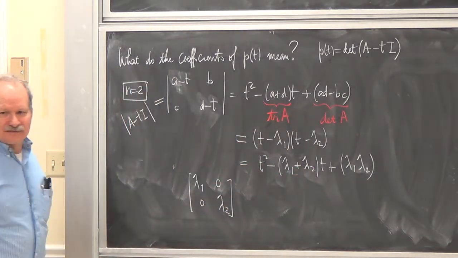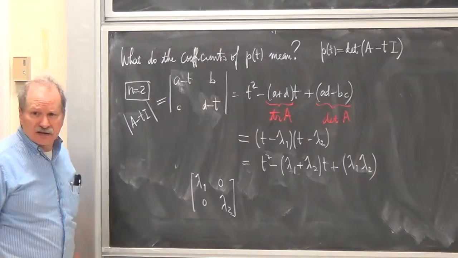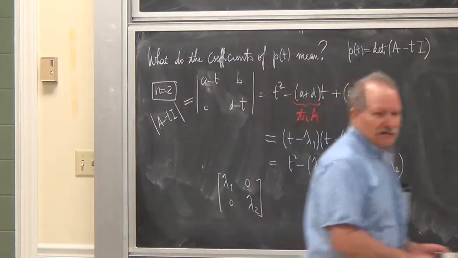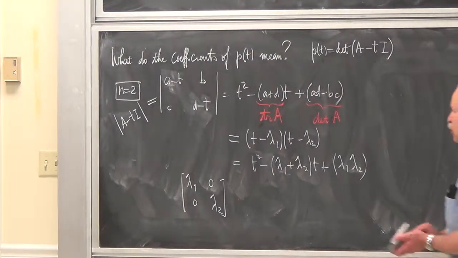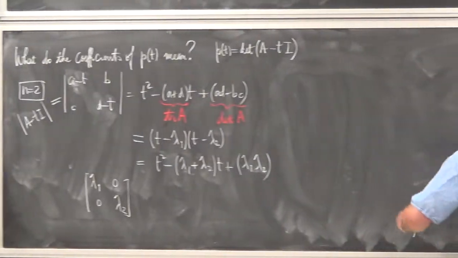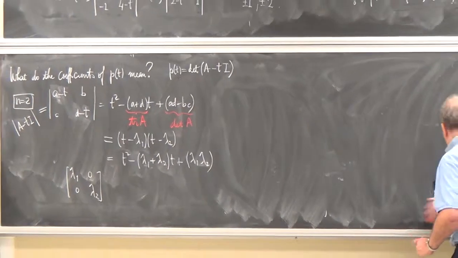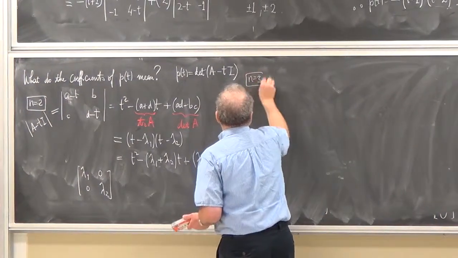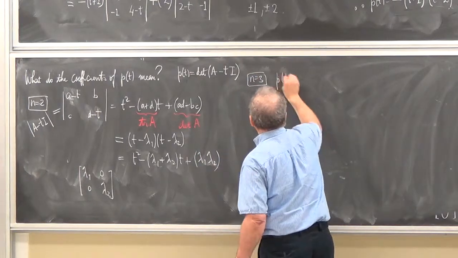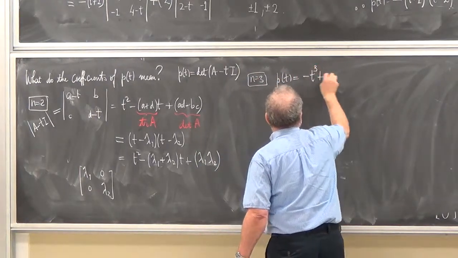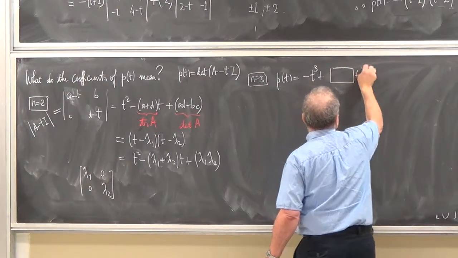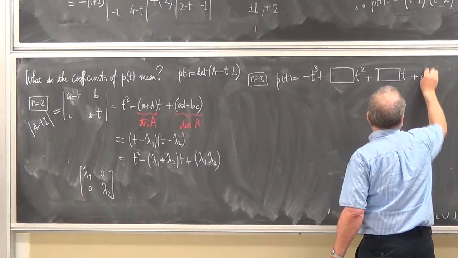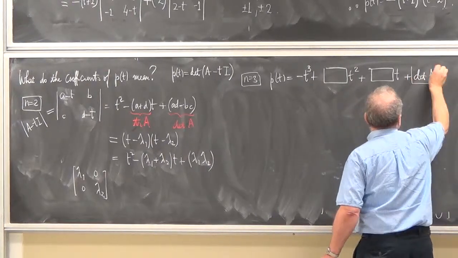Is that fact to do with the eigenvalues? Yes, the sum is the trace. So if you had a 3 by 3, you should get minus t cubed plus some number of somethings times t squared plus some number of somethings times t, and we do know that we still get the determinant as the constant term.